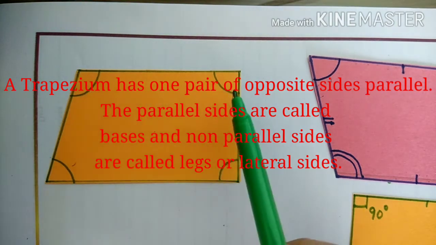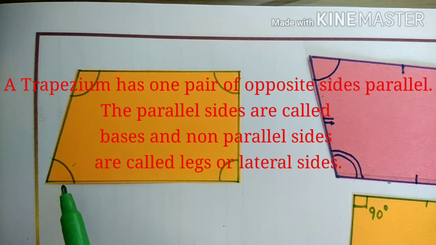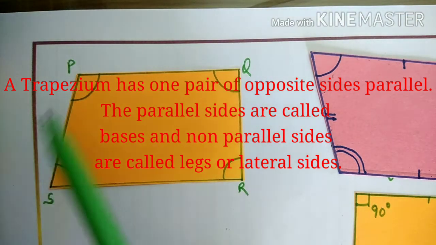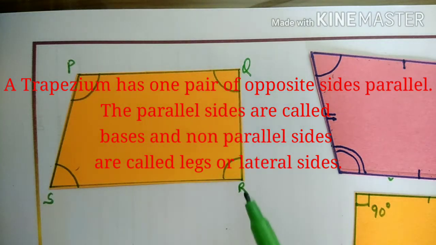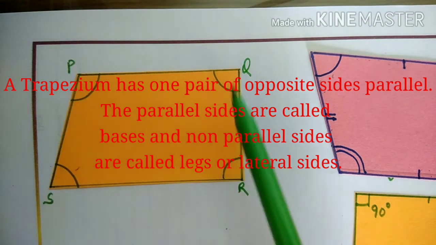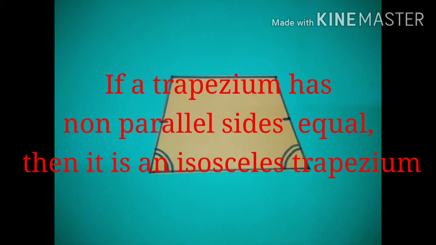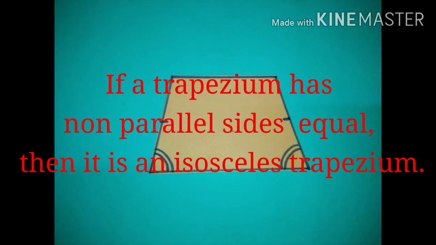It has four angles. We can name it PQRS is a trapezium. If a trapezium has non-parallel sides equal, then it is an isosceles trapezium.